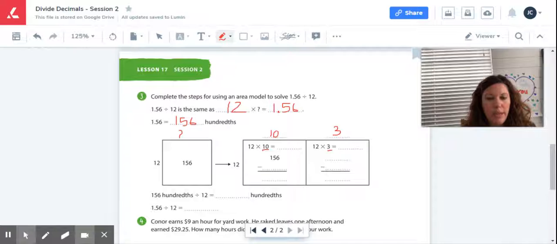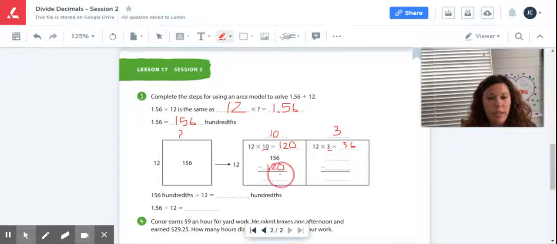And then I multiplied 10 times 12, which you guys said was 120. And then 12 times 3 is 36. So now we're going to subtract 156 minus 120 here.